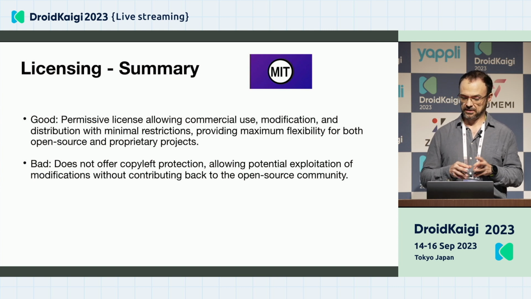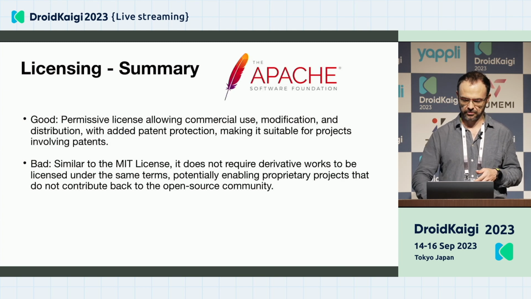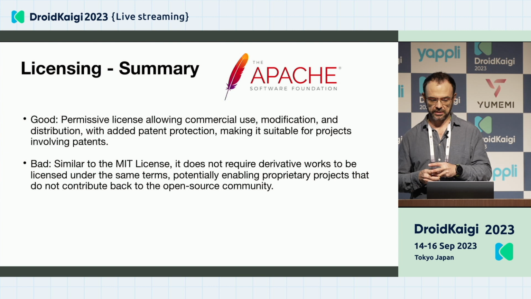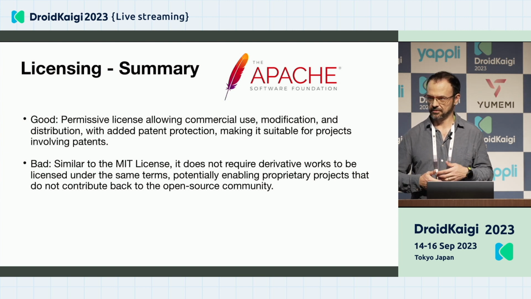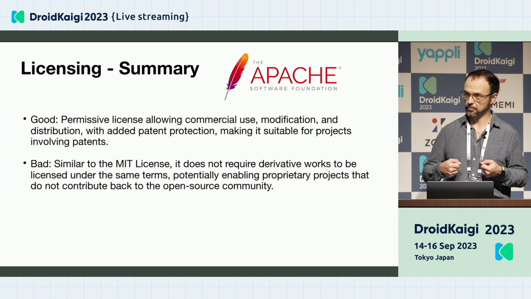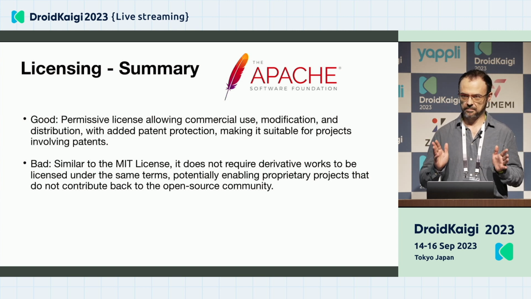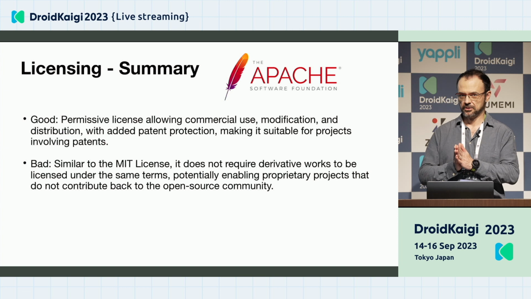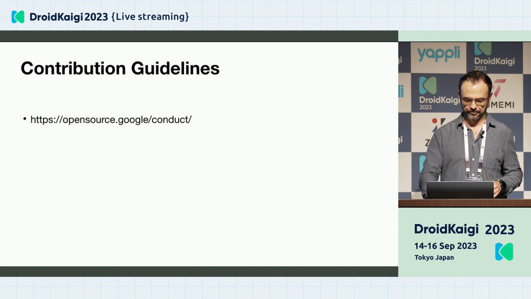MIT, it's very flexible, allows you to use it in commercial products, allows you to use it in open source products, flexible enough, but it does not offer copyleft protection. And Apache is super similar to MIT, but is mostly helping you to protect things like patents and provide certain copyleft protection. So as a rule of thumb, if you're developing an Android library, you're probably better under Apache 2.0.